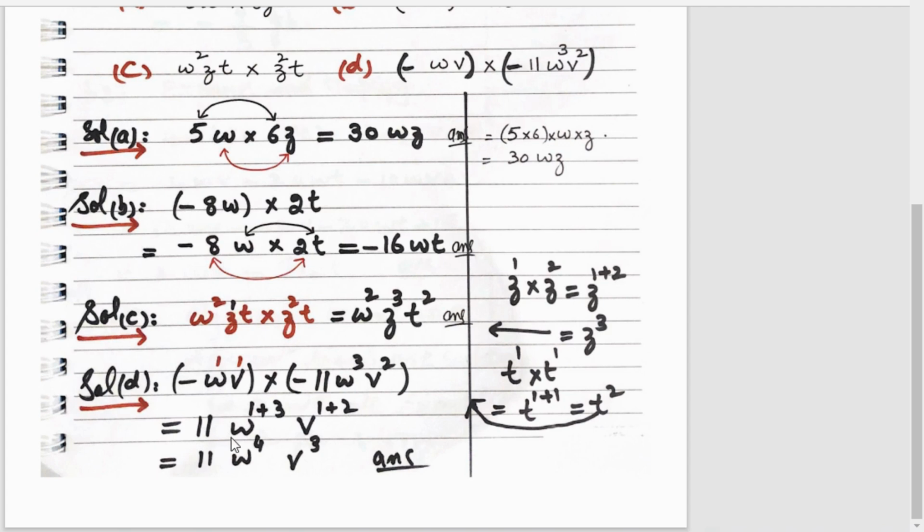Powers will be added up on W because we write base once. In W cube and W power 1, W is behaving like a base and 1 is behaving like a power.